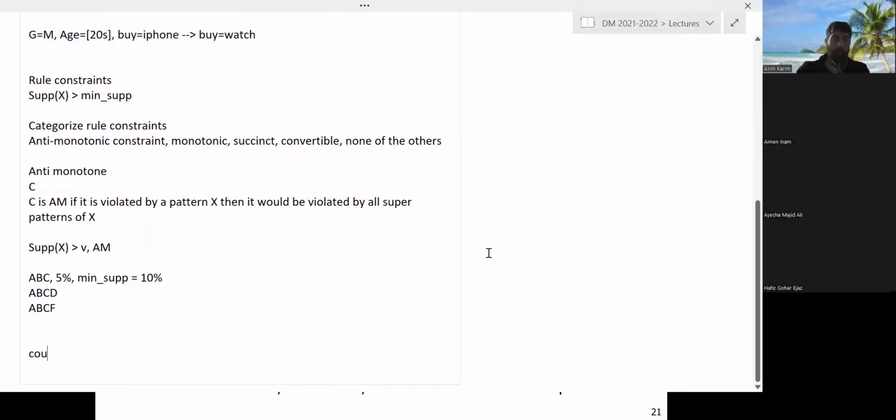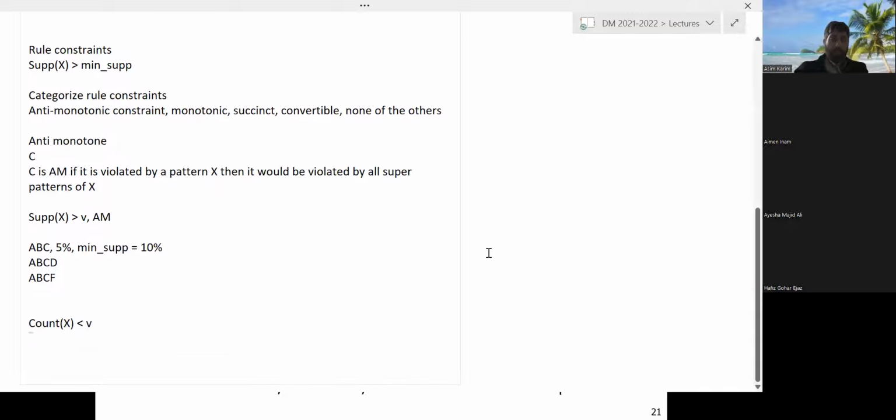So let's say count of items in an item set X is less than some value V. So let's say item set X, maybe it's the items that someone purchases at a grocery store. If that count is greater than V, meaning that it violates this constraint, then obviously all super patterns would always violate this constraint, right?